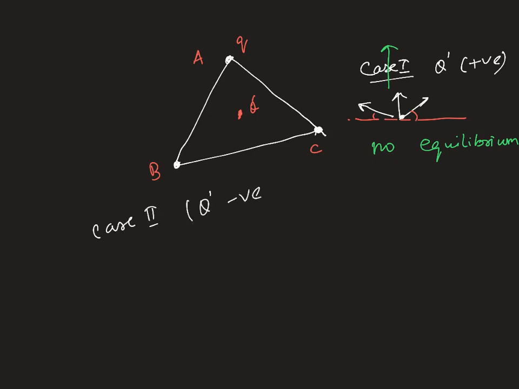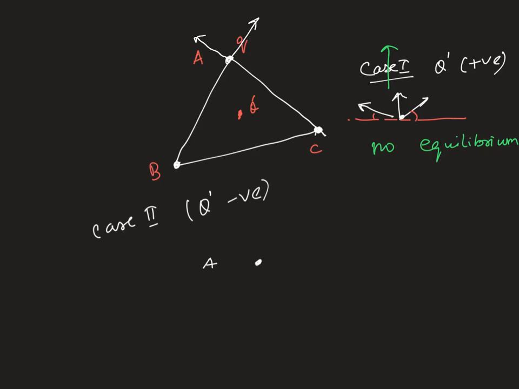q dash is negative. Now if q dash is negative, again considering the charge at A, it will apply a pull force because q dash is negative, whereas the charges at B and C will apply a push force like this along the lines.